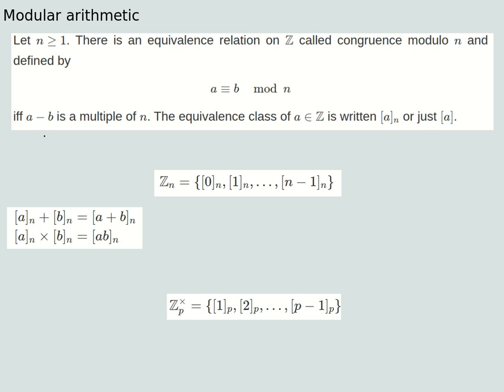So for example, the equivalence class of 3 under congruence modulo 5 will be the set of all numbers which are congruent to 3 modulo 5, so all numbers which differ from 3 by a multiple of 5. That's going to be an infinite set, but some of the elements it will contain will be, for example, minus 7. That differs by 10 from 3, and 10 is a multiple of 5. Minus 2 is in there, that differs by 5 from 3. 3 is in there, 8 is in there, and so on.